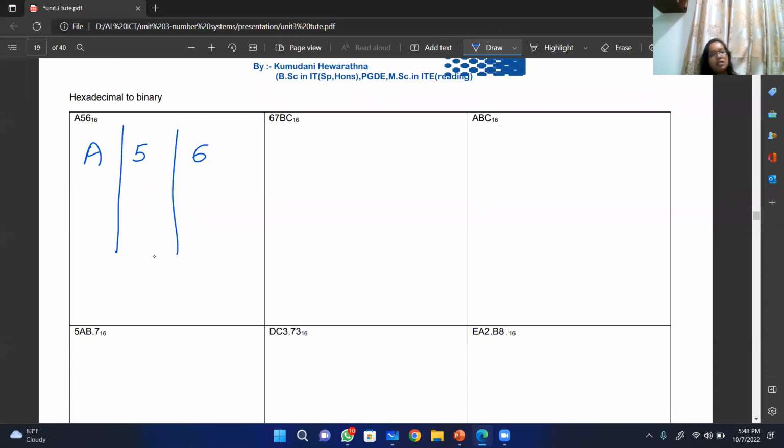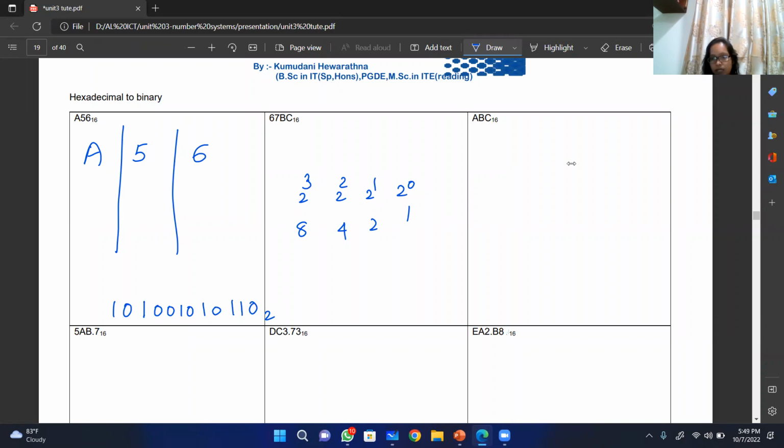Write down each of these values in binary. 1 0 1 0 0 1 0 1 0 1 1 0.